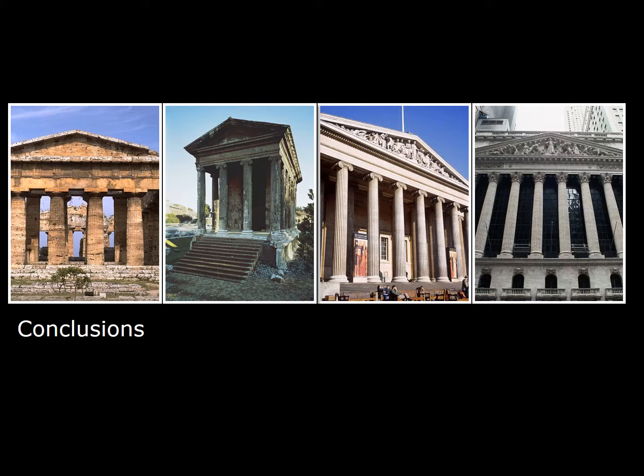The two buildings on the far right here include the New York Stock Exchange, which is built on that same model of the Parthenon. And if you notice, when you go to Buchtel Hall or other buildings on campus, you'll notice those same architectural elements.